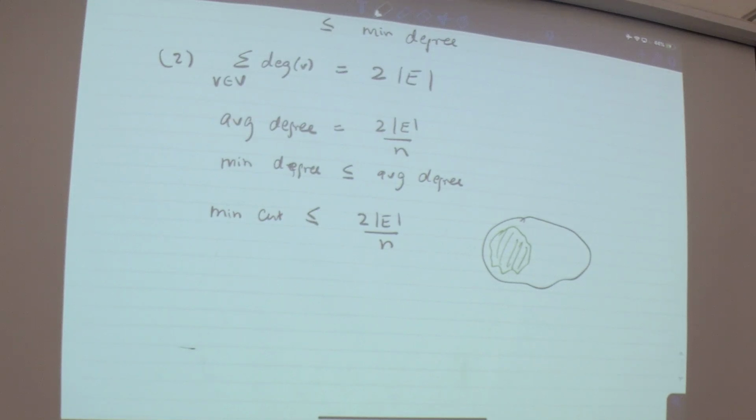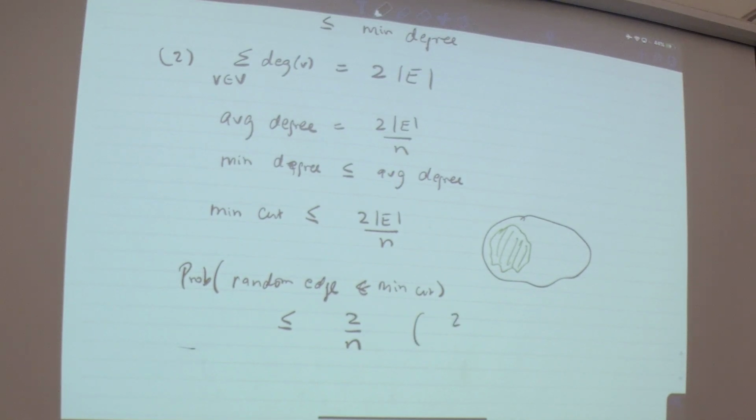We just said the size of the green is at most 2e over n. So the probability that a random edge, the first one we pick, belongs to the min cut is less than or equal to 2e over n divided by e, which is 2 over n. 2 over n is a very small probability.